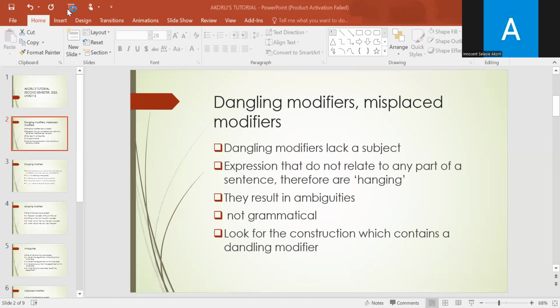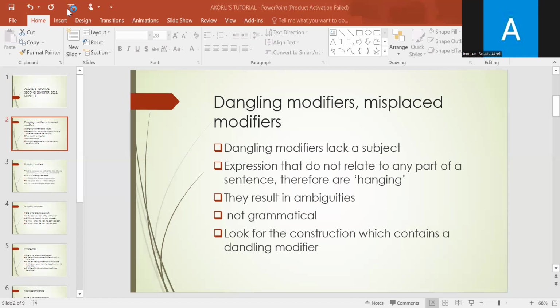So they result in ambiguities. Ambiguities means that they made a sentence to be interpreted this way or that way, or so. An ambiguity simply means liable to more than one interpretation. So they are not grammatical.